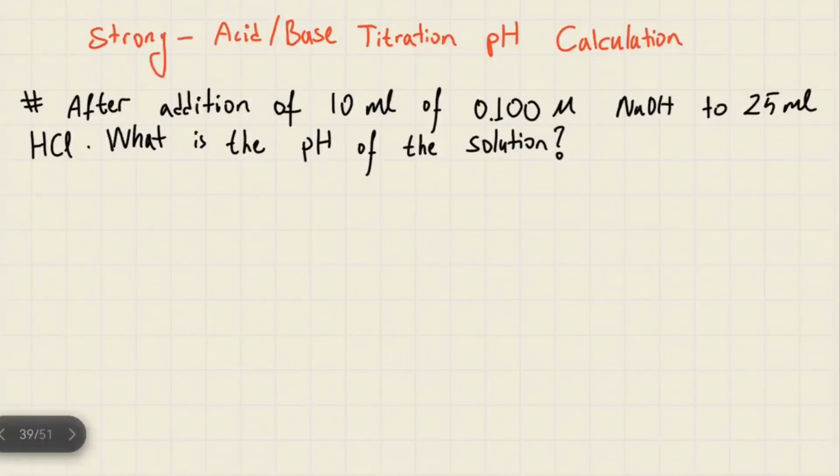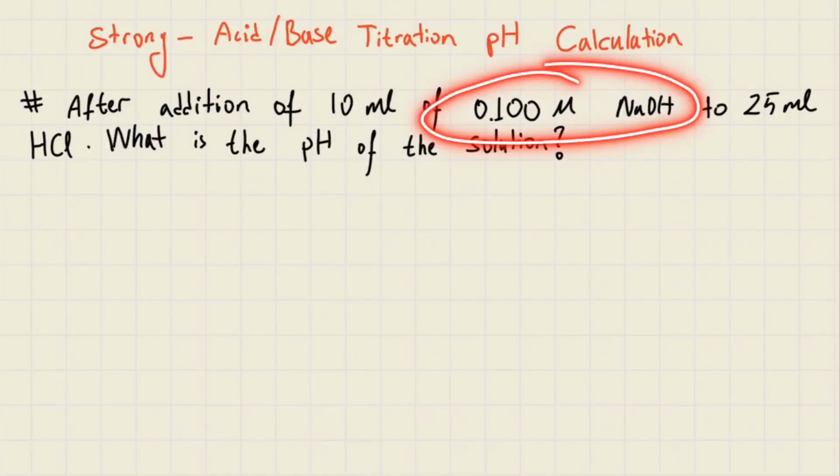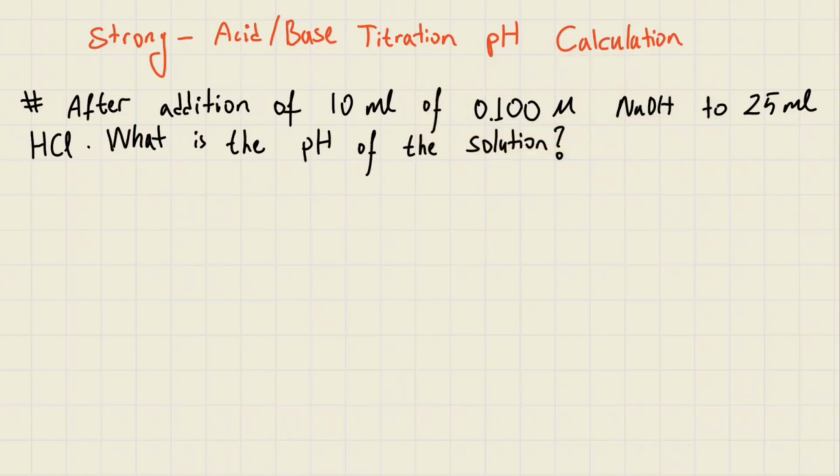So in our case, we are using 0.1 molar sodium hydroxide and 0.1 molar HCl. And if you want to calculate, after addition of 10 milliliter of 0.100 molar sodium hydroxide to 25 milliliter of HCl, what is the pH of the solution? So the concentration of the HCl is again 0.1 molar, so it is the same concentration as the sodium hydroxide.